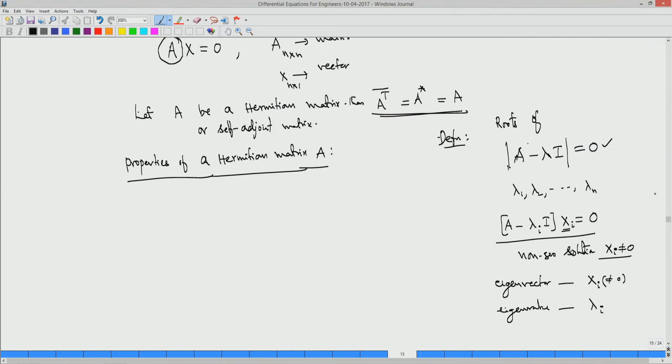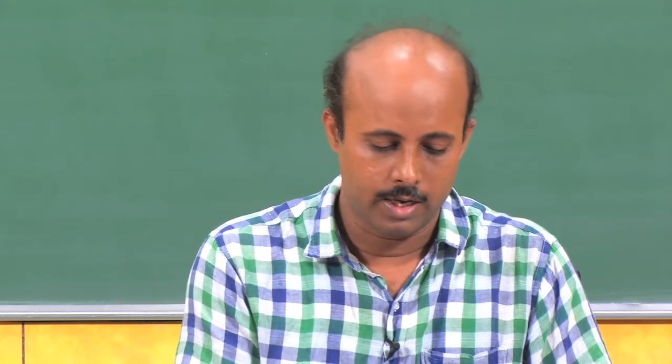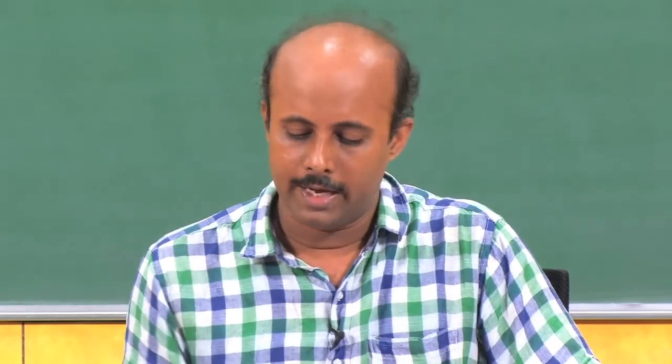If A is a Hermitian matrix, the eigenvalues are always real. You can actually show that. The first property is, you can verify, eigenvalues are always real. The second important property: you find all the eigenvectors.